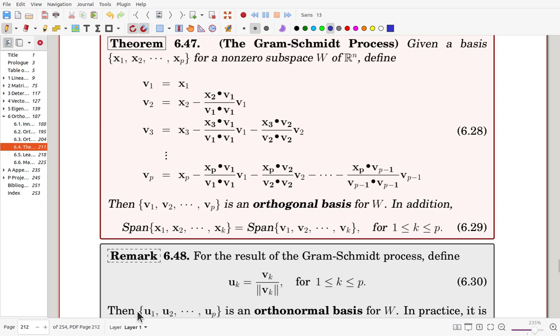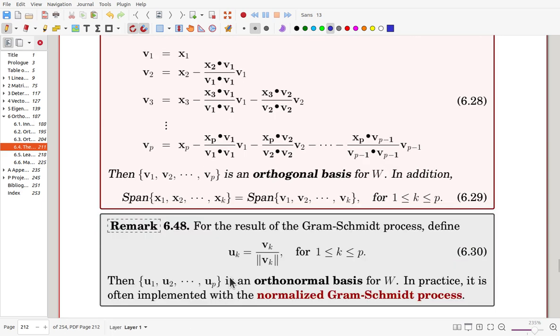It's quite clear because this set is orthogonal and each one has length 1, so the set must be an orthonormal basis for W. So this one is known as the normalized Gram-Schmidt process. In reality, the algorithm is implemented along with this normalization, so that the output in most cases is an orthonormal basis rather than an orthogonal basis. Okay.